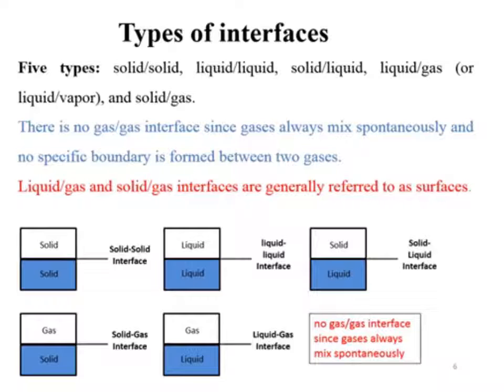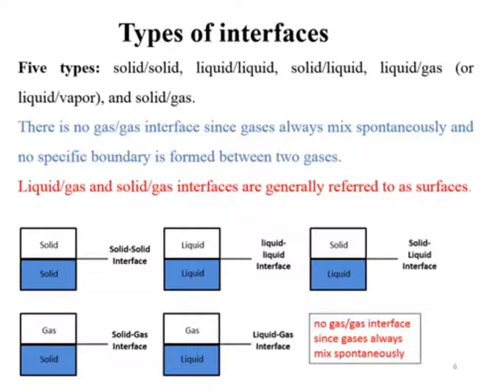The difference between interfaces and surfaces is that an interface is a boundary between two immiscible phases, but surfaces are interfaces in which one phase is common, like gas in our fourth type and also gas in our fifth type. So the gas phase is common in the fourth and fifth types. So these two interfaces will also be called surfaces.